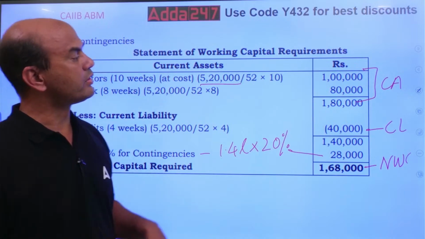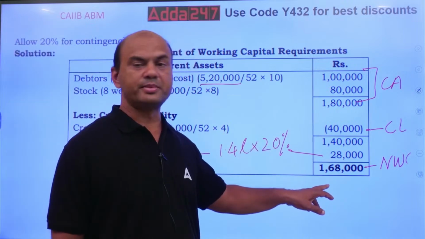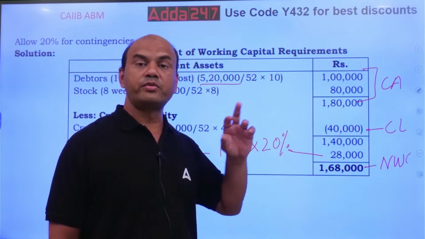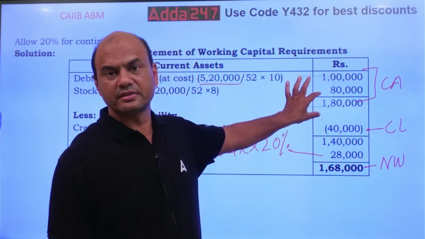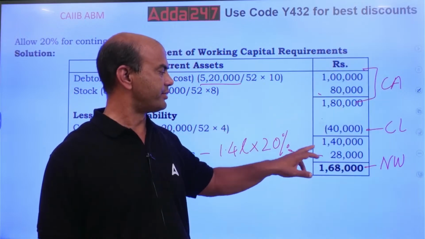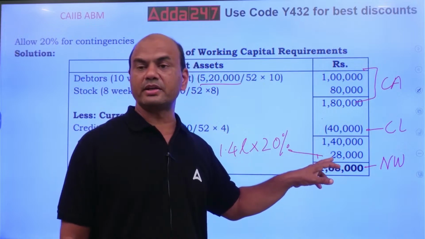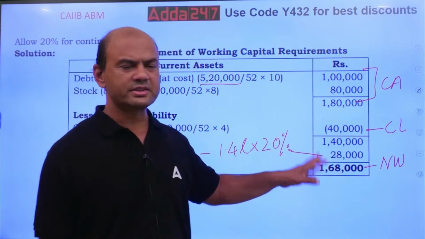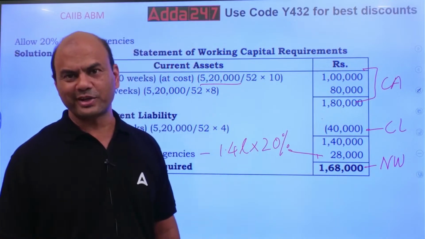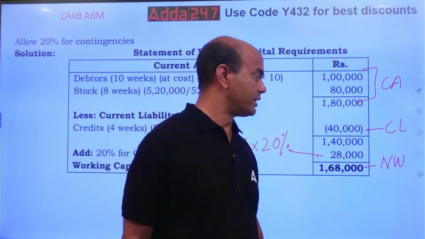If you follow Tandon Committee method number 1, then you will follow this method. If you follow Tandon Committee method 2, then find 75% of this, then subtract this part, then subtract this part, and then add the contingencies, 28,000, later. But in the exam, generally they ask you for this 168 gap.